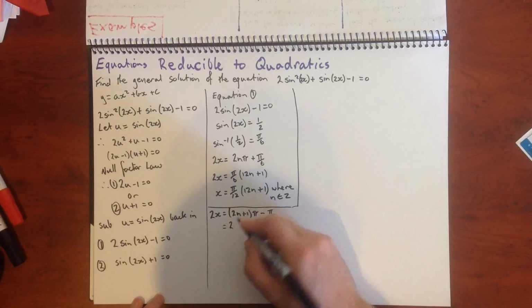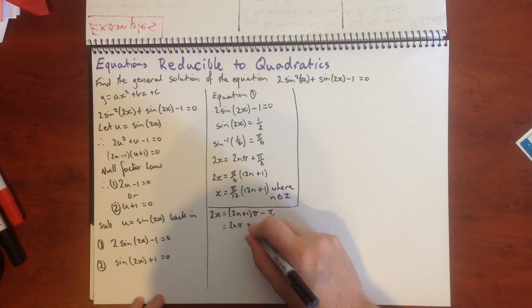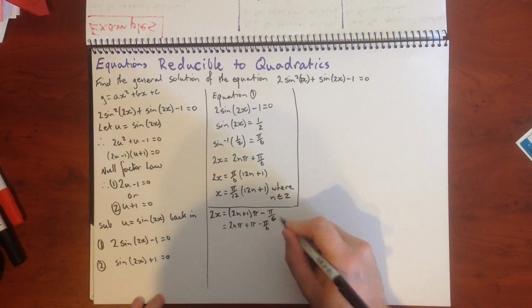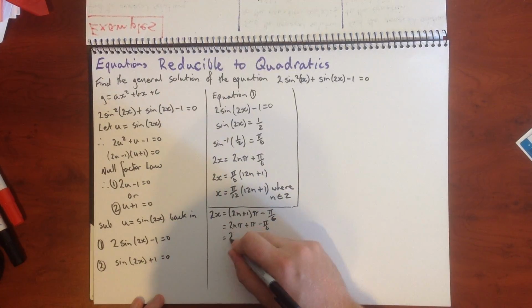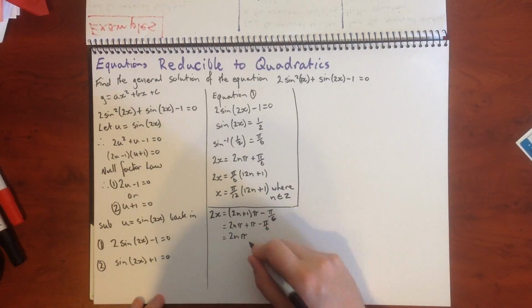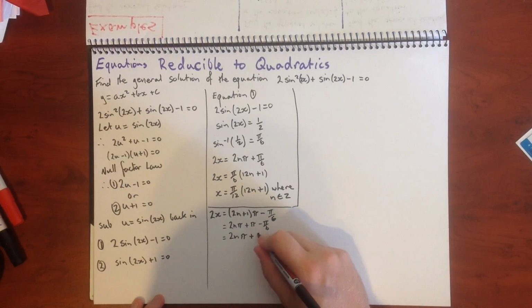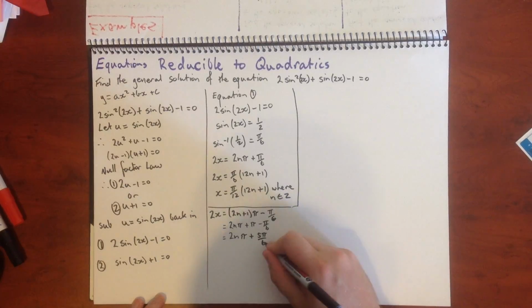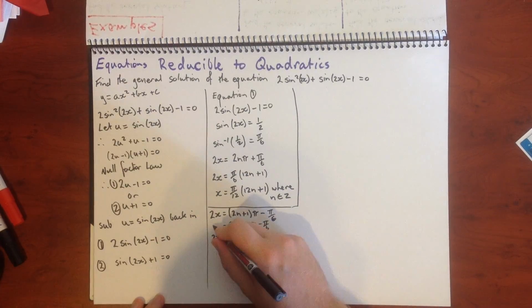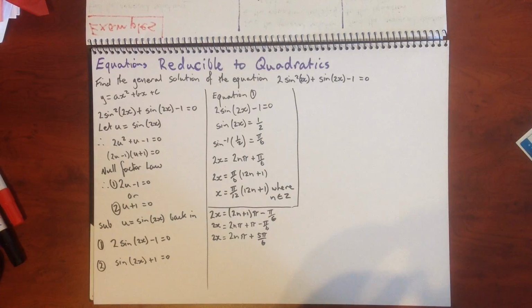We've got 2n pi plus pi minus pi on 6, which is our 2n pi. That will be plus 5 pi on 6. That's what we've got so far.